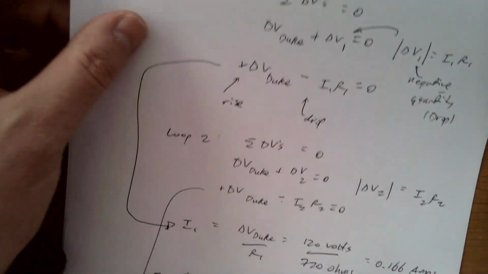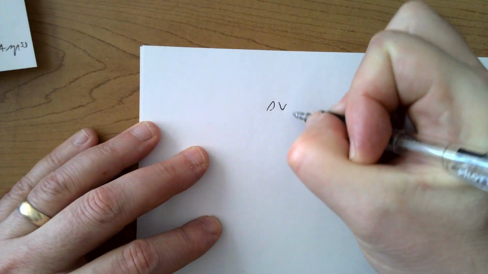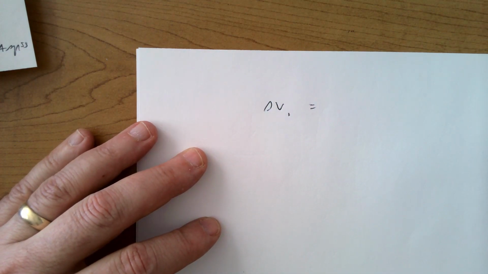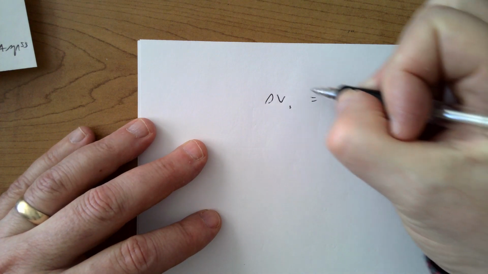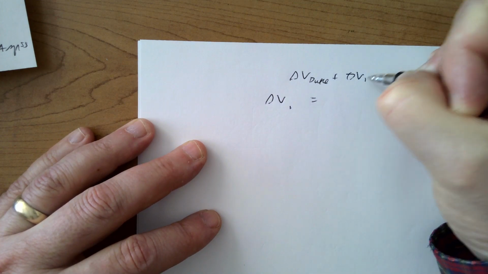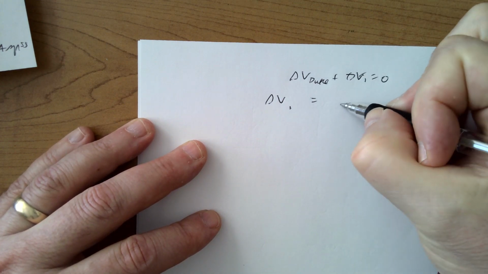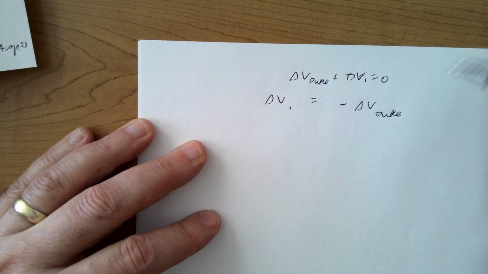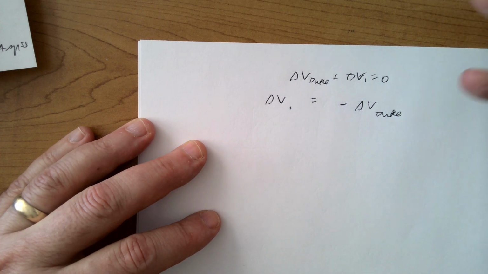Let's see. Let's find a few other things. What is delta V1, of resistor 1? Well, from the loop rule, which was delta V Duke plus delta V1 is 0, we see that delta V1 is just negative of delta V Duke. And so that's going to be negative 120 volts.